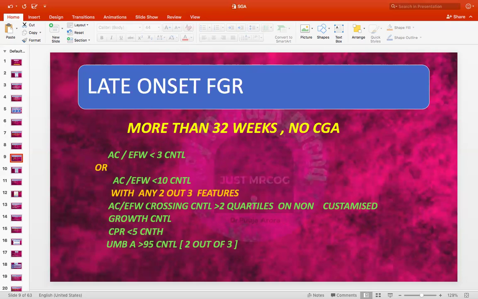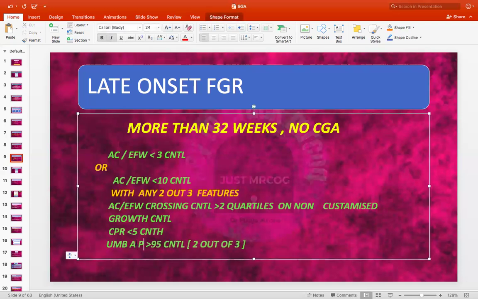Here there are three features, and one can have any two features to confirm late onset. First, AC and EFW crossing more than two quartiles on non-customized growth centile. So remember, crossing more than two quartiles is one criterion. Second, CPR, cerebro-placental ratio, when less than 5th centile. Third, umbilical artery PI when more than 95th centile.